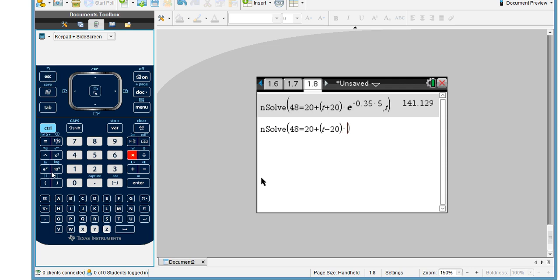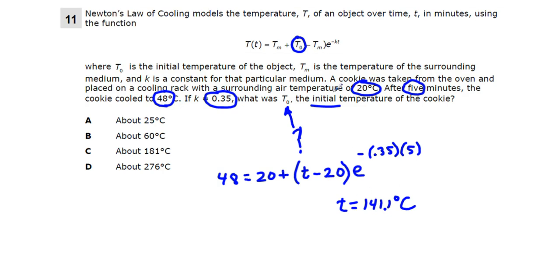Okay, times e to the power of negative 0.35 times 5, and then come over here and put comma t for t sub 0. We get 181.1. So let's try this. We'll say 181.1. That looks better, doesn't it?